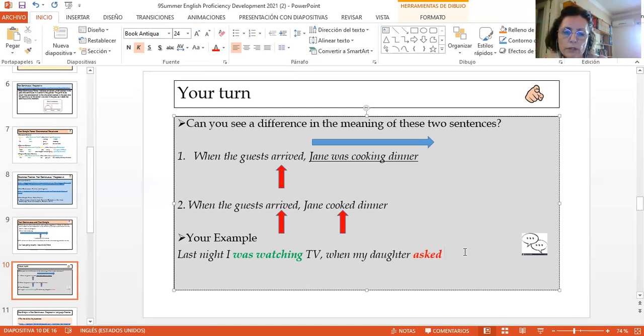¿Cómo complemento la oración? Joanna, are you there? Ahora escucho. Are you there? Can you hear me?